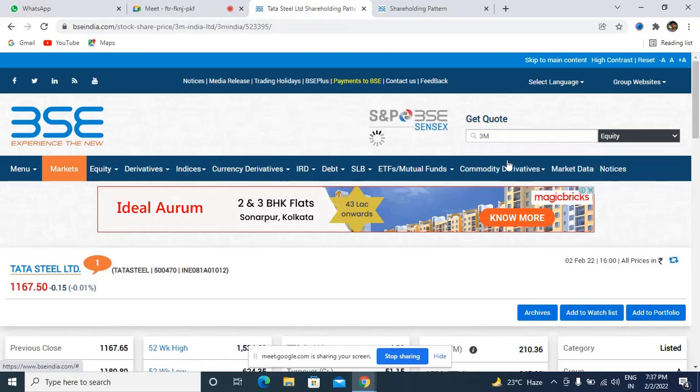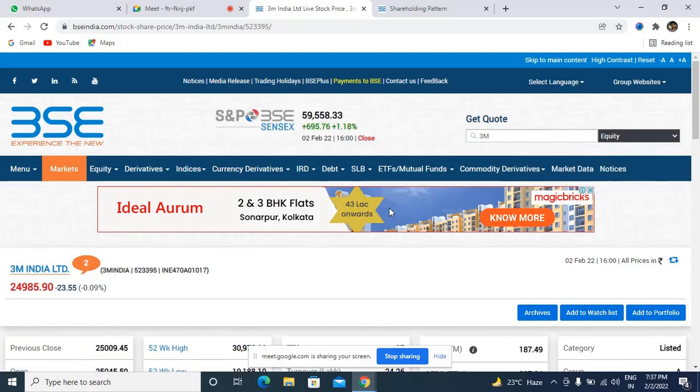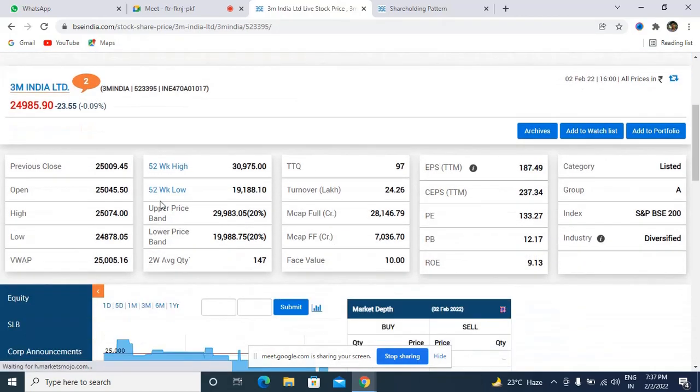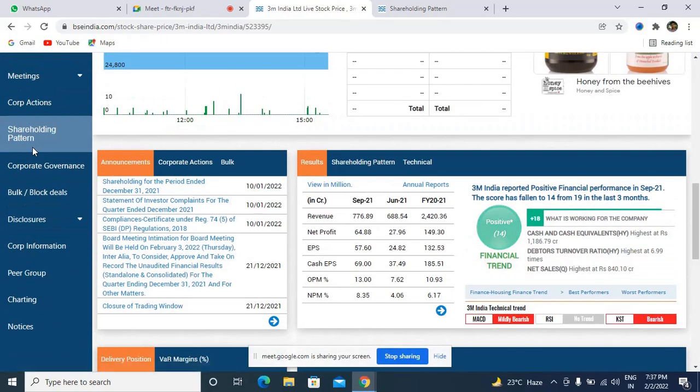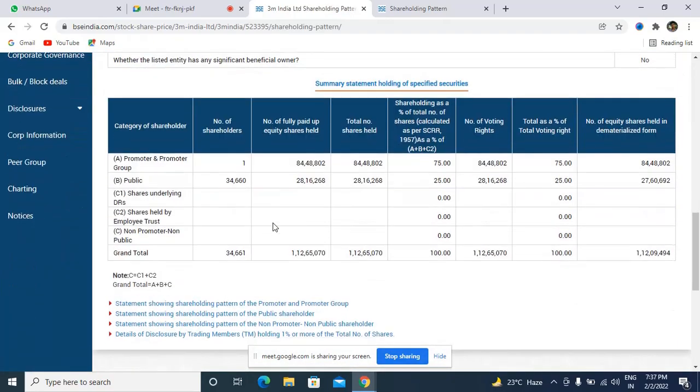This brand produces Scotch Brite, right? So for 3M India, if you go down and click on shareholding, this page will open, right?